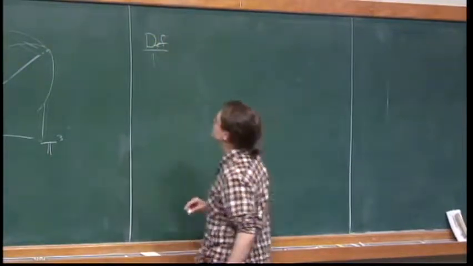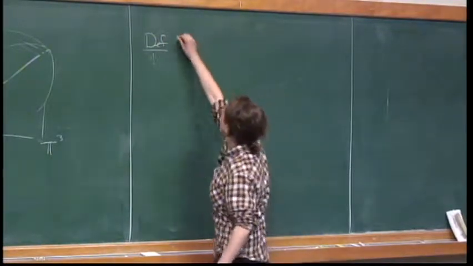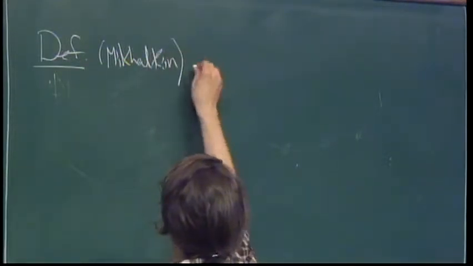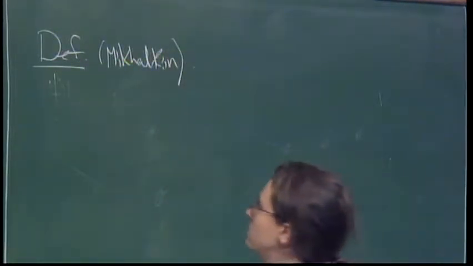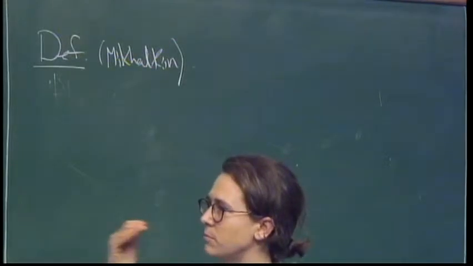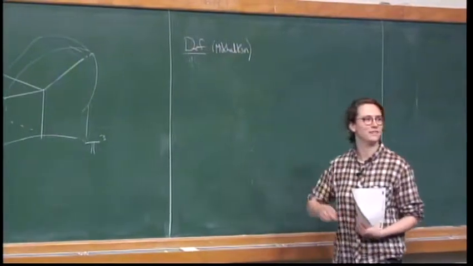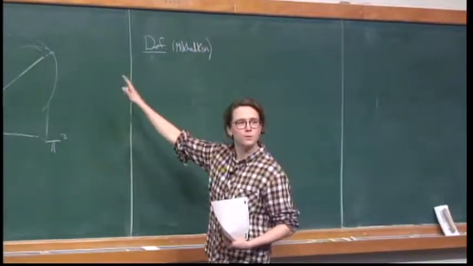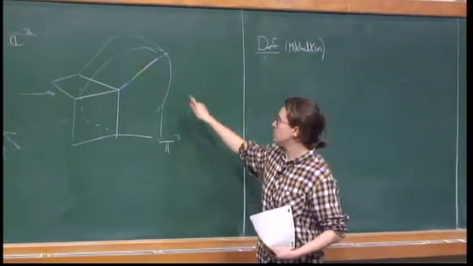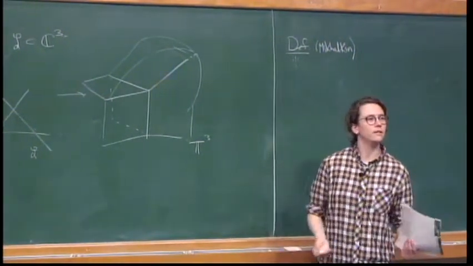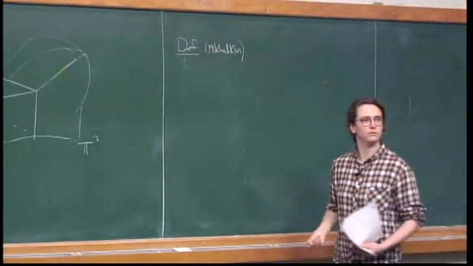This is a definition due to McCalkin. Like I said, what we're going to do is build sort of a manifold, but not in a differentiable sense because these things are not at all smooth. We're going to use these pieces, and our coordinate change charts are going to be integer affine transformations.